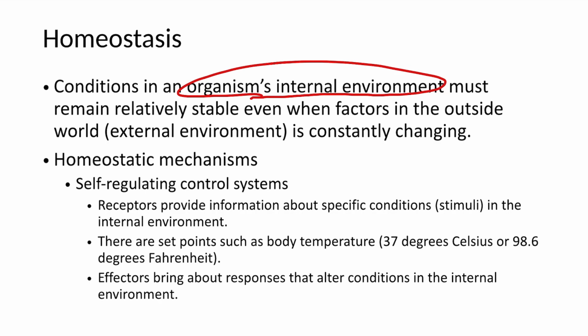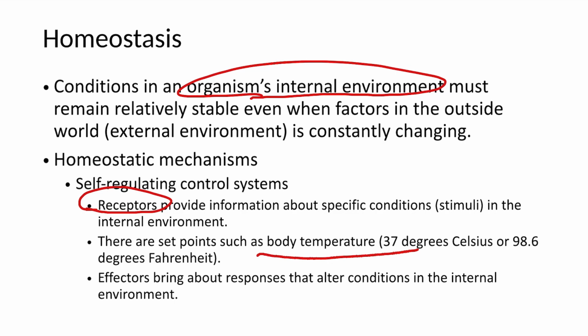And in terms of the control system, there have to be receptors involved. So receptors are the scouts. They are the ones that will detect what is happening in the outside environment and how it is affecting the body. And then there are set points. For instance, there is a set point for body temperature, which is 37 degrees Celsius or 98.6 degrees Fahrenheit.